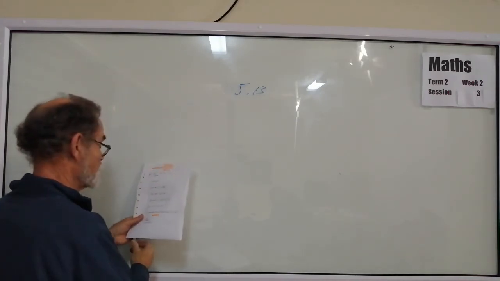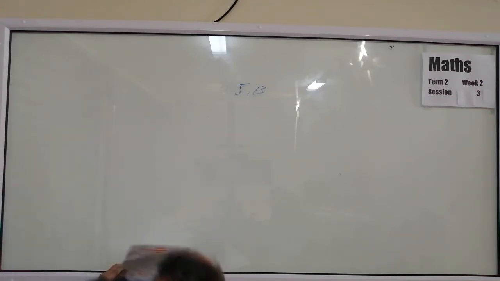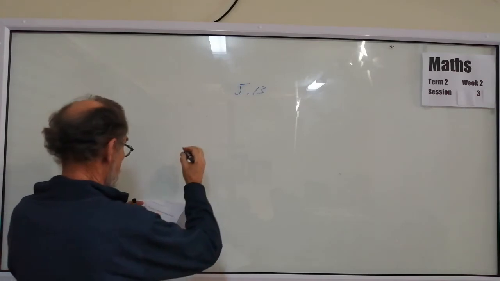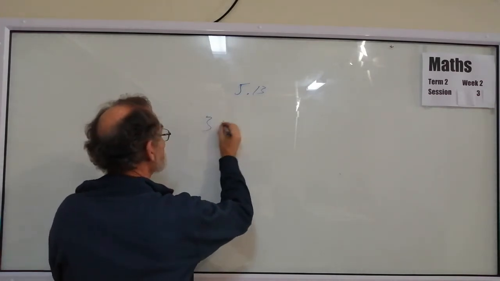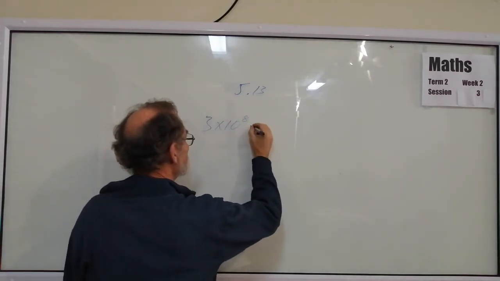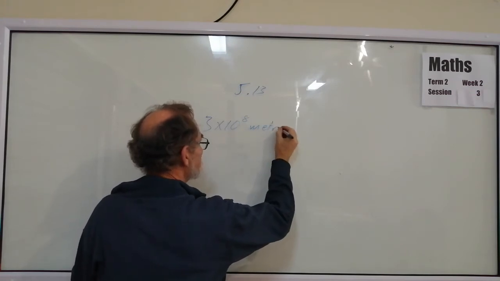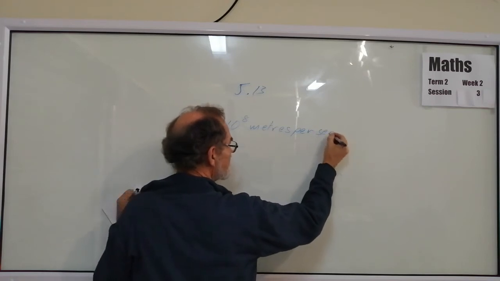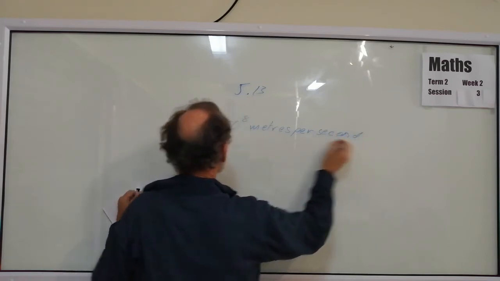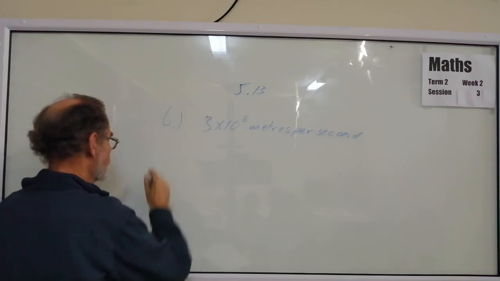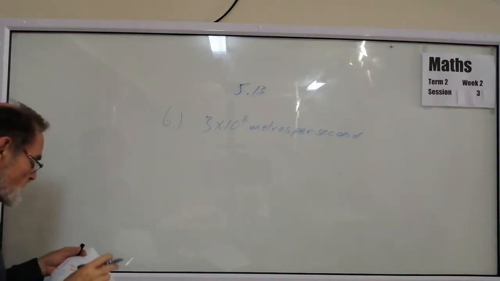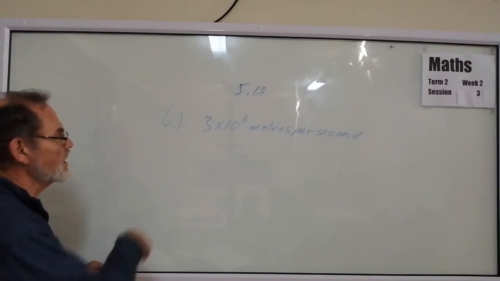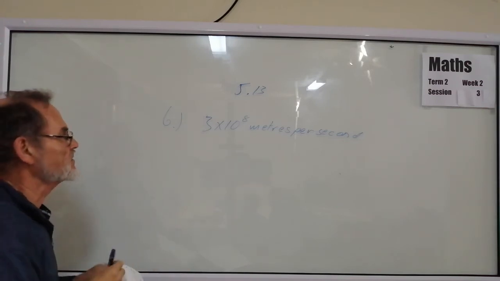They have the speed of light is 3 times 10 to the 8 meters per second. This is one of the parts of question 6. And they want to know how far does this light travel in 102 seconds.